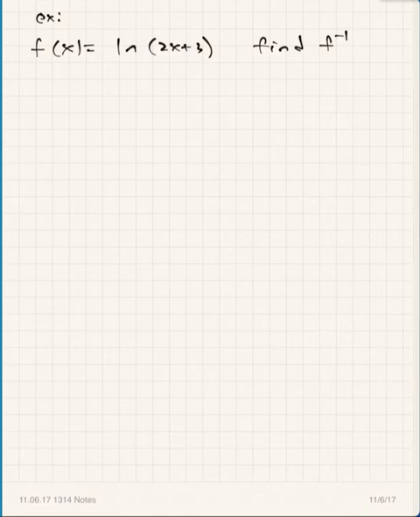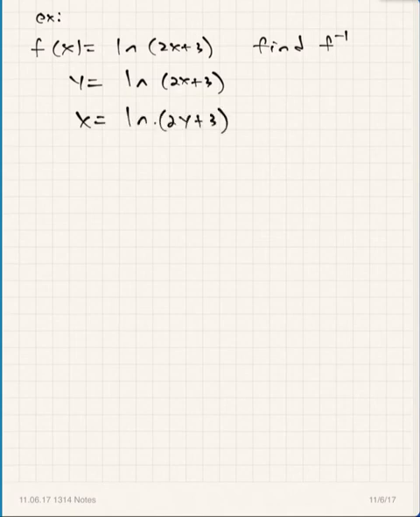So let's first write this as y equals natural log of 2x plus 3. And then we switch x and y, so this is x equals the natural log of 2y plus 3. If it helps you, write this as log base e, because remember, that's what natural log is an abbreviation for.